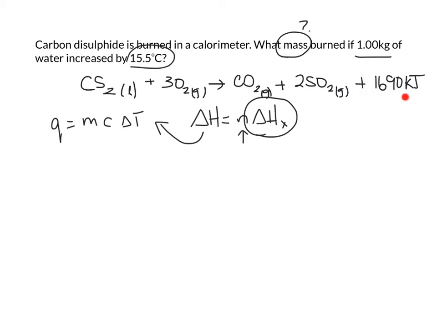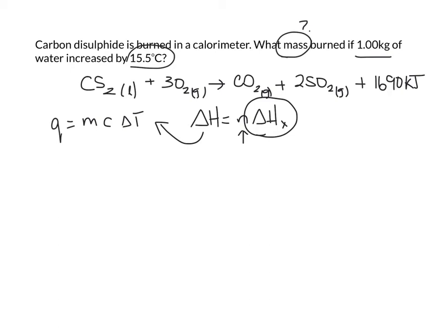And here we go over here, we have information. We know that if 1 mole of carbon disulfide is combusted, I don't know if that's a real word, is burned, then 1690 kilojoules of energy are released. It's exothermic. So we actually do know our molar enthalpy.